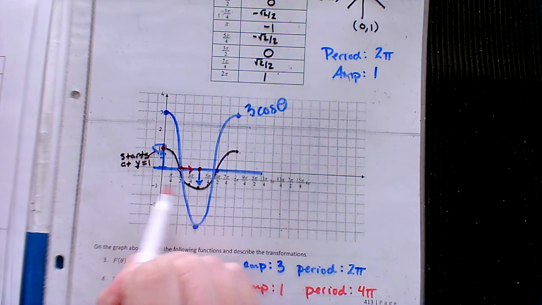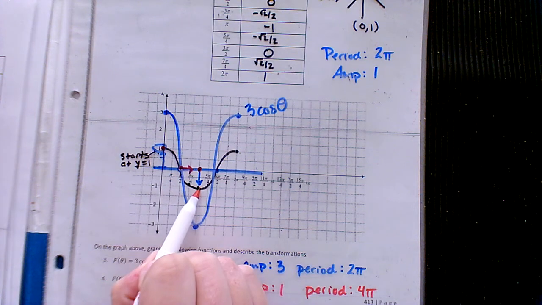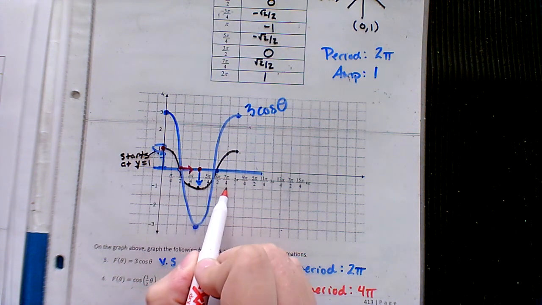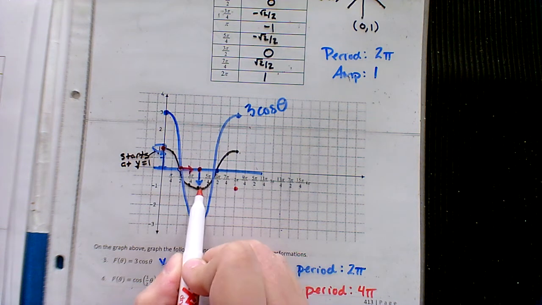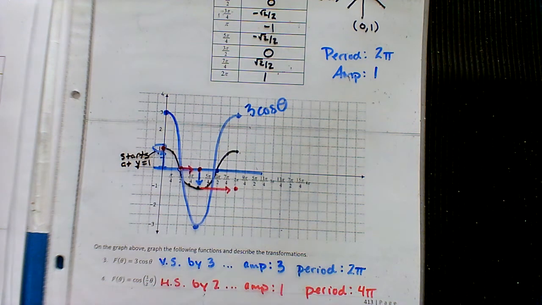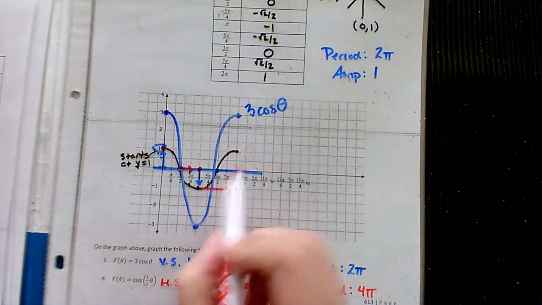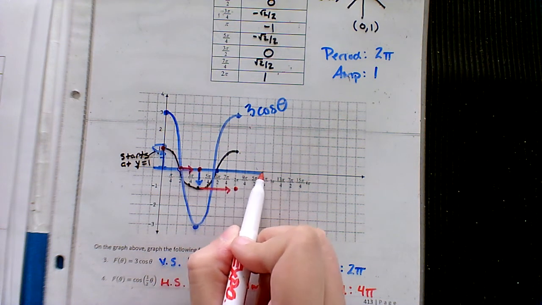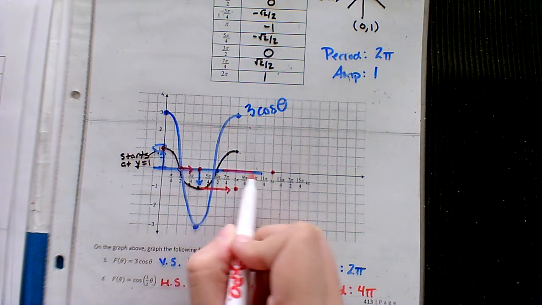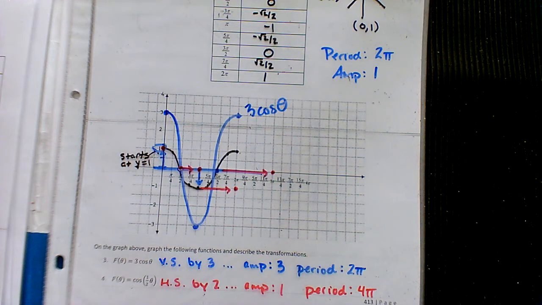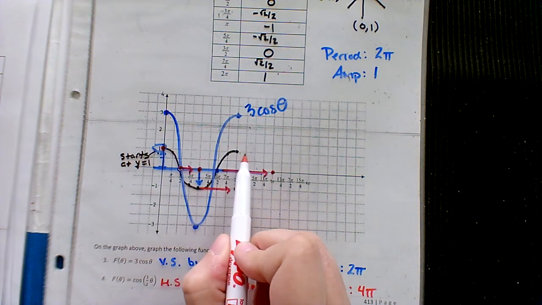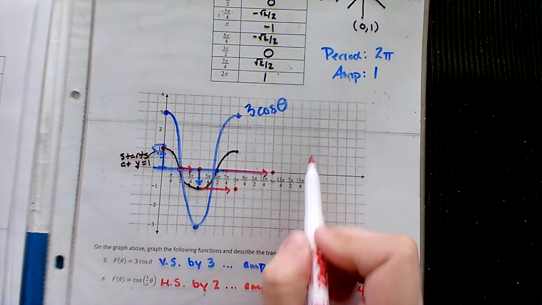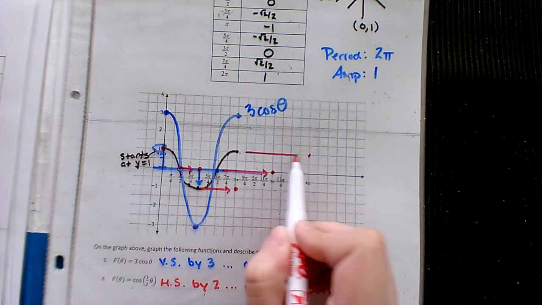The bottom point is 4 units away from the y-axis. So if we double that, it should now be 8. The next x-intercept is 6 units away, so now it should be 12. And the ending point on our cycle is 8 units away, so now it should be 16.